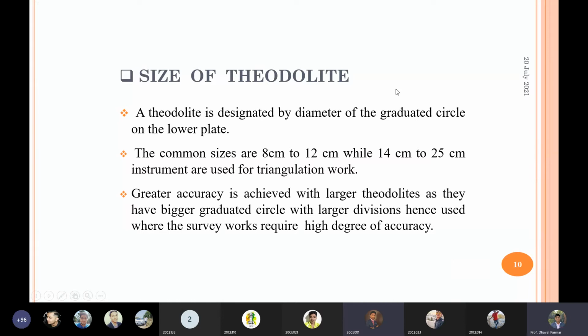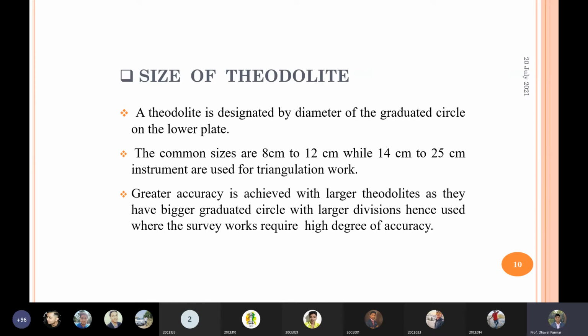The triangulation work. When we go for chain and compass survey, we measure the area and draw a small triangle, and using that triangle, we can measure the area using the length and width.